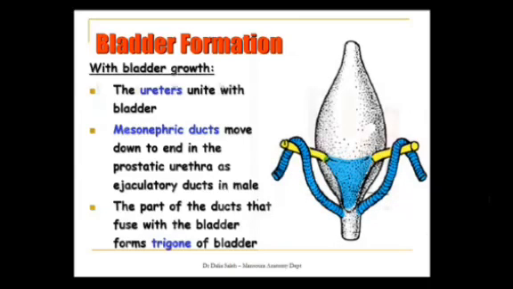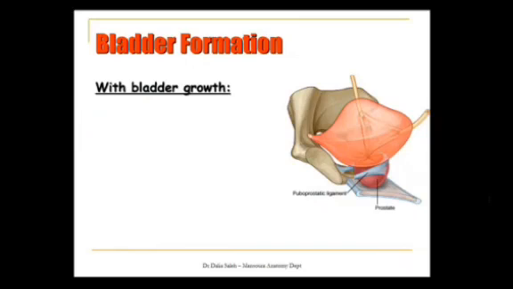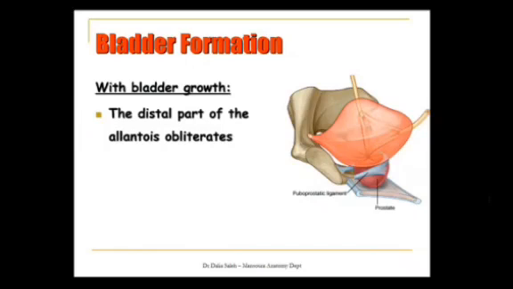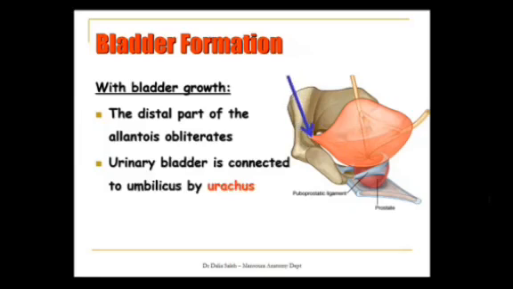With further bladder growth, the distal part of the allantois obliterates, and the urinary bladder now is connected to the umbilicus by the urachus. In adult, the urachus forms the median umbilical ligament.